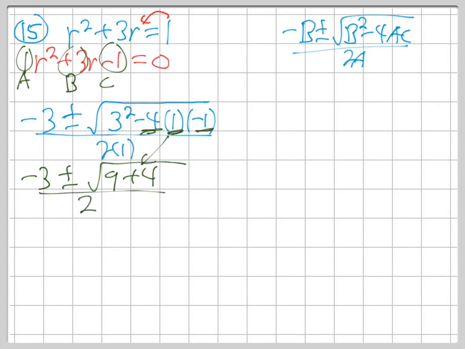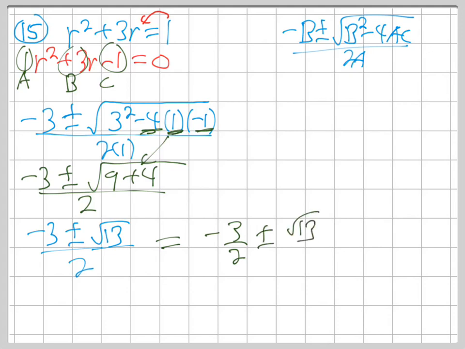So that is then negative 3 plus or minus the square root of 13 over 2. And so separate those: negative 3 over 2 plus or minus root 13 over 2. You can write it this way or leave it that way. It's good. There we go.